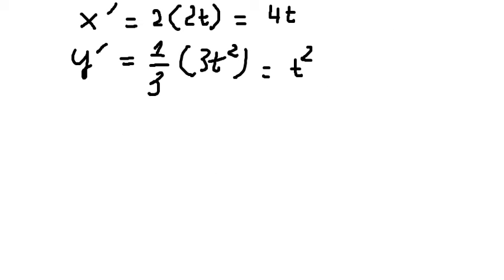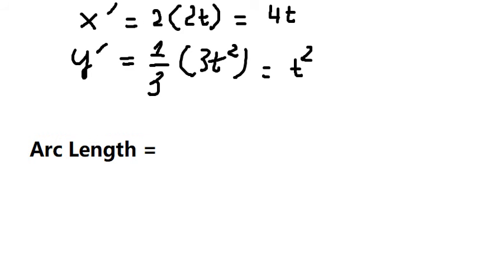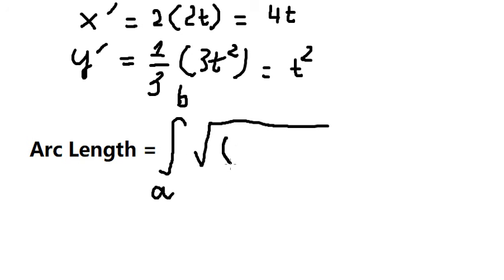Next, we need to apply the formula. We have the integration from a to b, and we have the square root of the first derivative of x to the power of 2 and the first derivative of y to the power of 2, and we have dt.